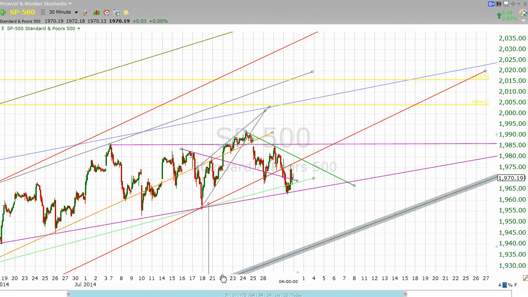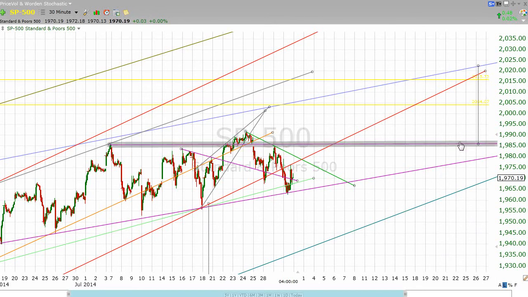The degree of the move will be approximately the height of the pattern. So I think we would go back and measure the height right here. If we get above this line, then we are looking for an eventual move.